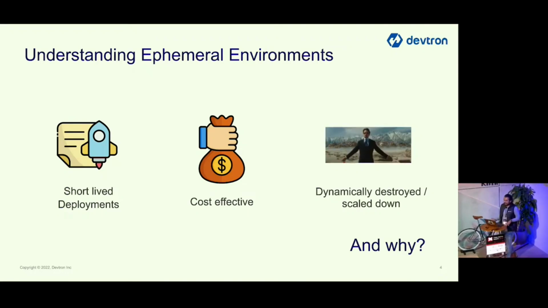And why exactly do we need ephemeral environments? Because in your organization, you may have different functionalities being built in parallel, and you may want to isolate all those functionalities from each other when you're testing a particular functionality.